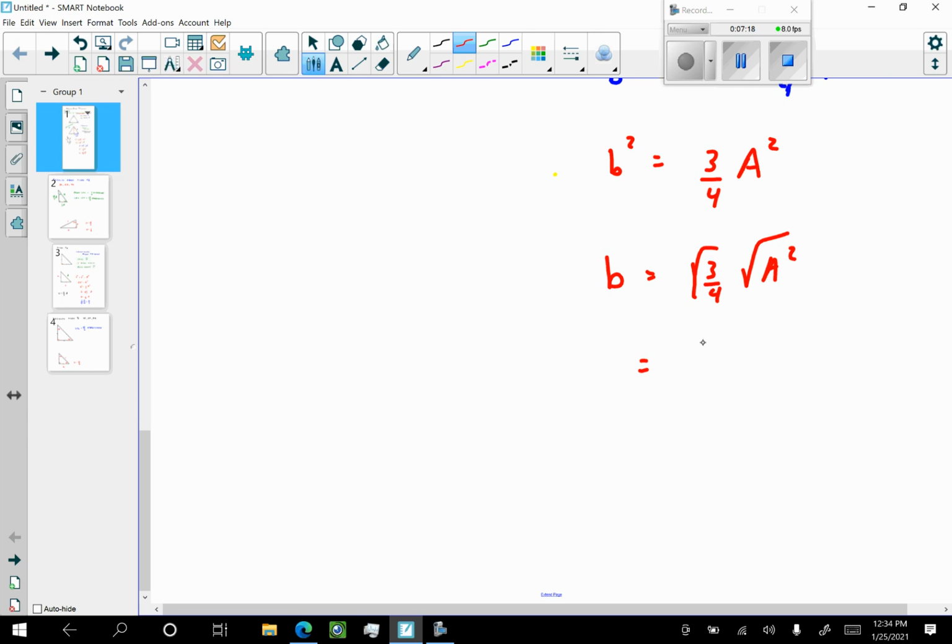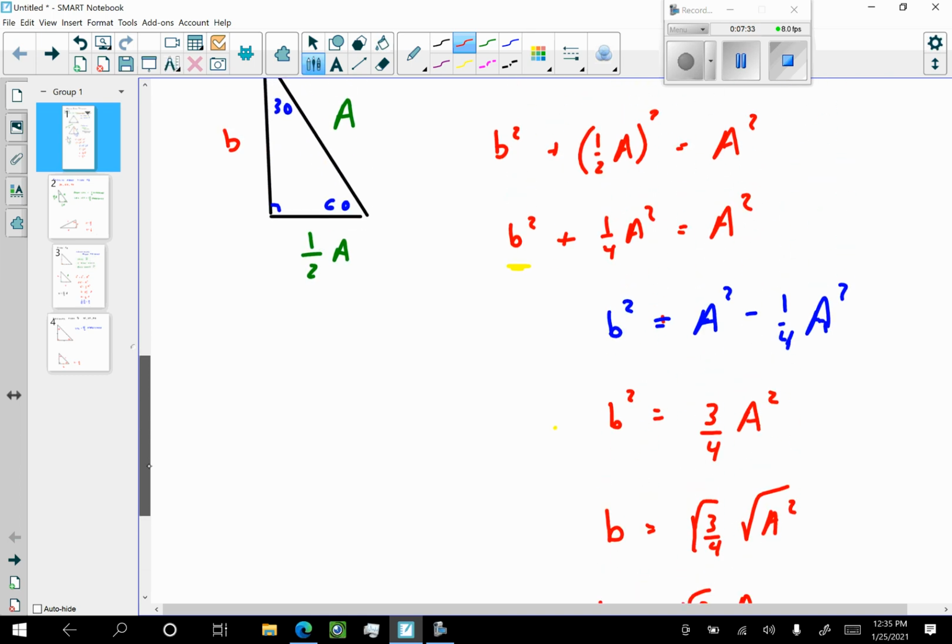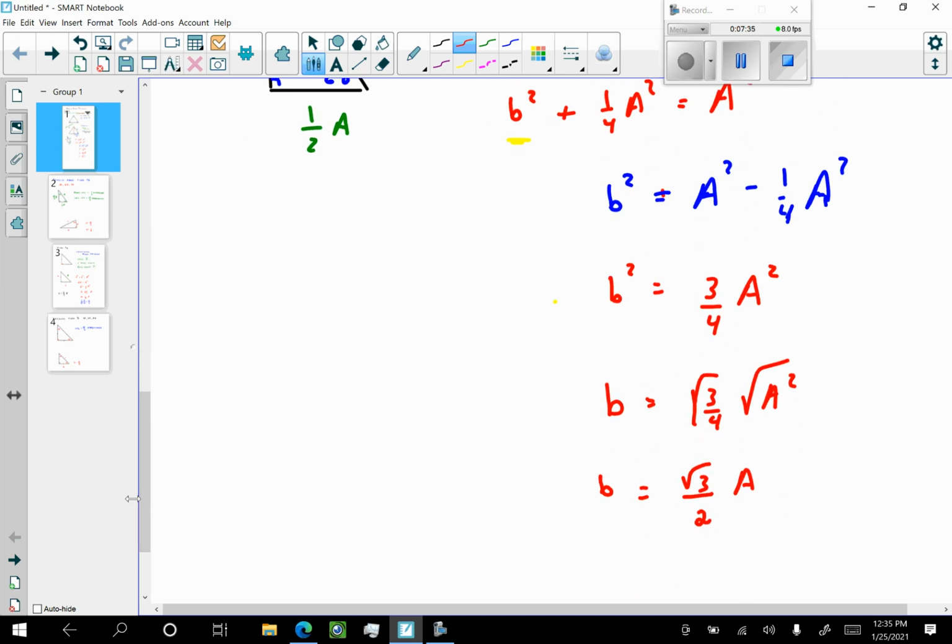So, look at this. This is going to be the square root of 3. Square root of 4 is 2. Times A. So that tells me the long leg can be found by taking the square root of 3 over 2, times A.